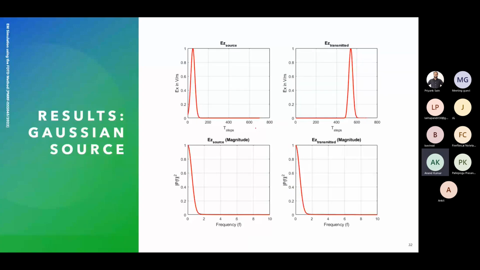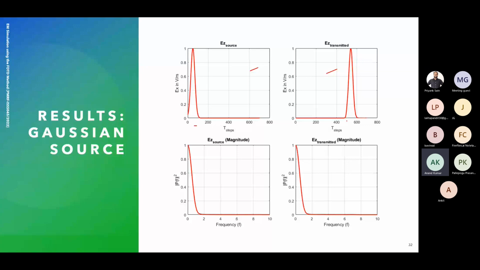From the previous window, if we use a Gaussian source, we get these time domain values which we recorded at the end of the loop. This is the pulse that we provided to our simulation space, and this is what we recorded at k minus 5. You can see the pulse which started around 0 reaches around 500 at k minus 5.